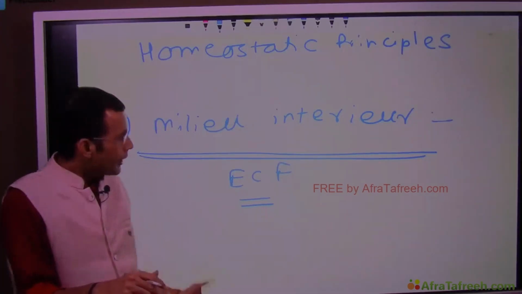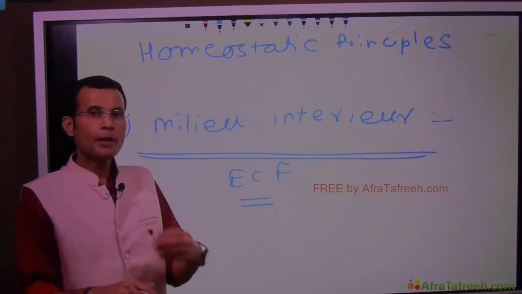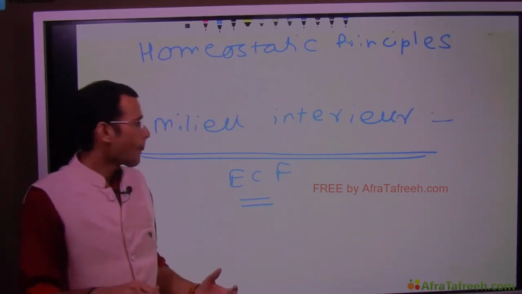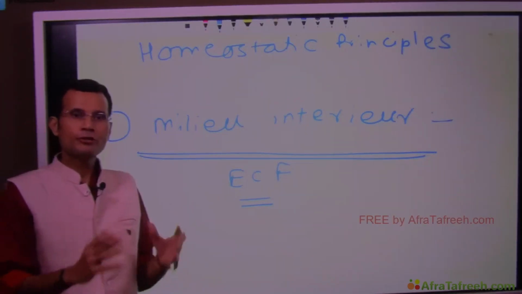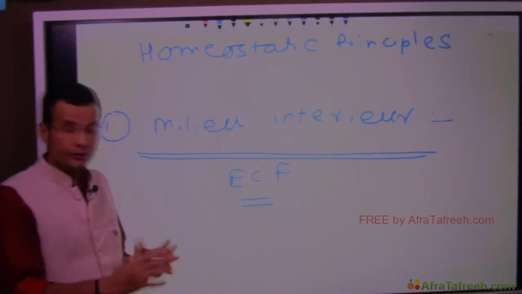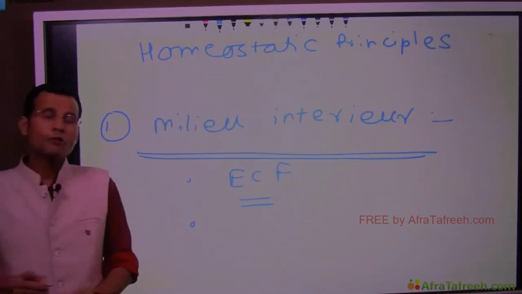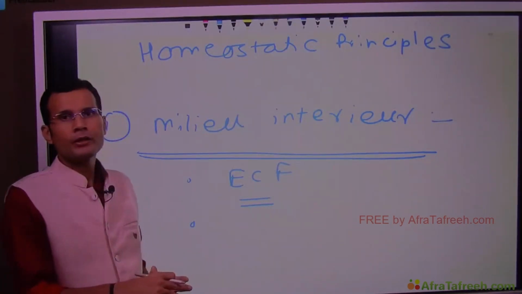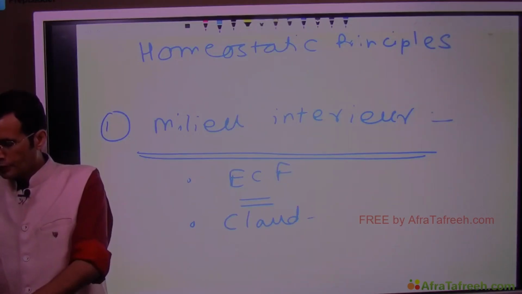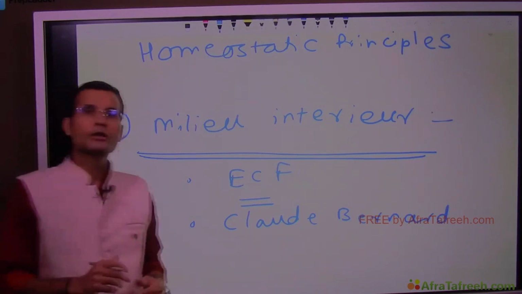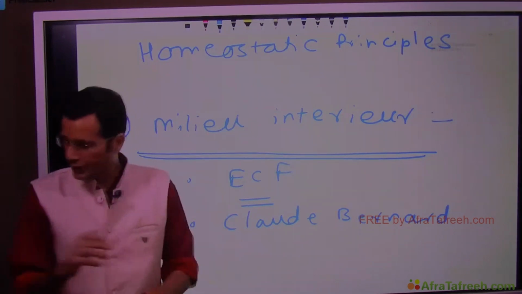Cells are surrounded by the ECF. Cells are bathed in ECF, and therefore extracellular fluid is the milieu for the cells, and that's the internal environment of the body. A very renowned physiologist by the name Claude Bernard is credited with coining of this term, milieu interior.